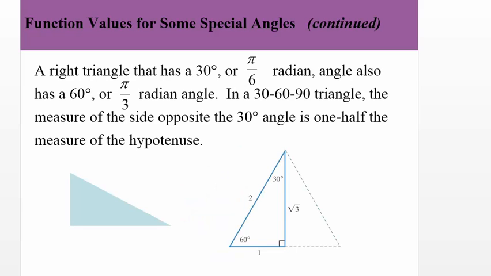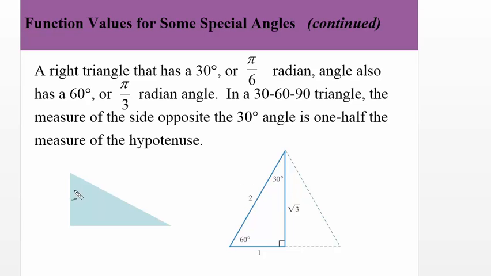All right, continuing here now, if we've got our 30, 60, 90 right triangles, which we have already looked at as well, the 30-degree or pi over 6 angle or 60 degrees or pi over 3, remember that it says here the measure of the side opposite the 30-degree angle is always half the measure of the hypotenuse.